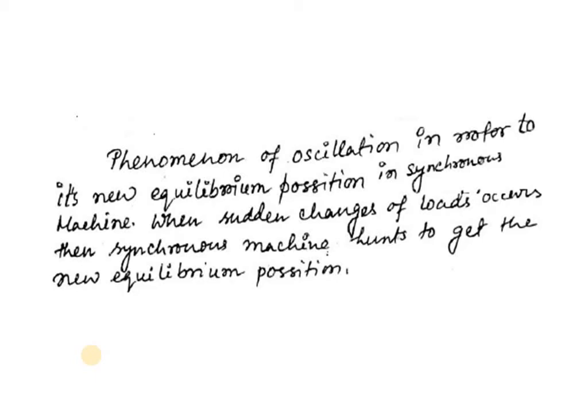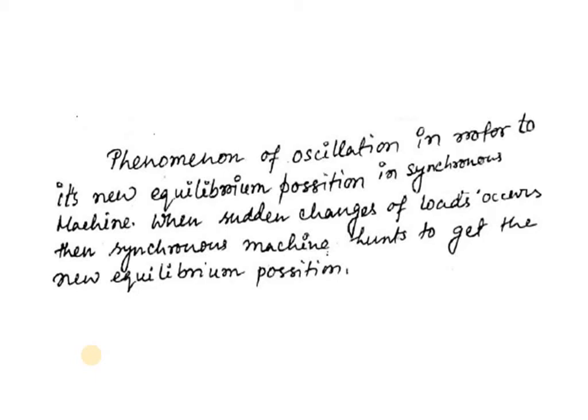That means hunting is a phenomenon where the synchronous machine rotor starts oscillating and tries to get its new equilibrium position. This situation occurs with sudden changes in load, and the machine will try to hunt for the new equilibrium position. So that phenomenon is basically the hunting phenomenon.